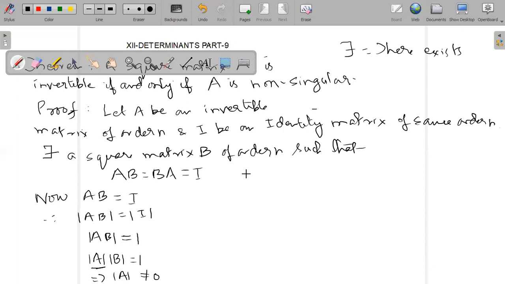So hence we prove that A is non-singular. First of all, A is non-singular.